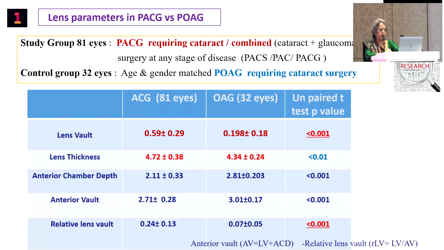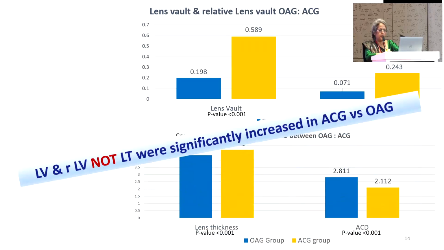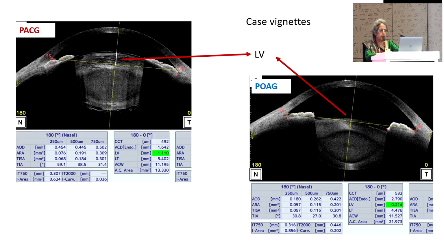We studied a group of 81 eyes who required cataract and combined surgery for angle closure glaucomas vis-a-vis age-matched open-angle glaucoma eyes, and we found that lens vault was significantly more in the angle closure glaucoma eyes, and the lens thickness was similar in both the eyes, and the relative lens vault was also very much different. So this was echoing the previous studies where lens vault and relative lens vault, and not lens thickness, were significantly increased in angle closure glaucomas.